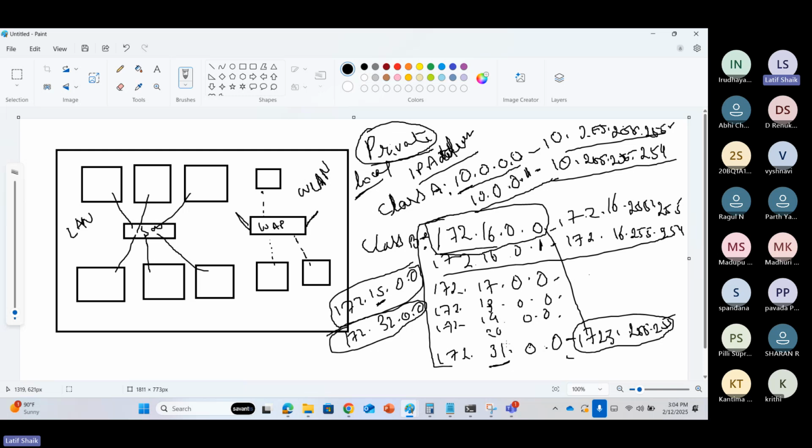So you can take any private IP and assign it to your network. Either you can use the 10 series or you can use 172.16, 172.17, 172.18. So totally 16 networks are given for private use purposes.